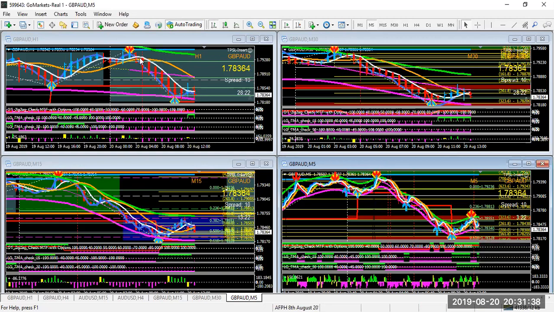But it's not just where this blue crossed below the white in the 1 hour. If you look below in window 5, you already had a yellow histogram below 0, an alert there. So window 5 is usually very supportive of that blue line crossing below the white.